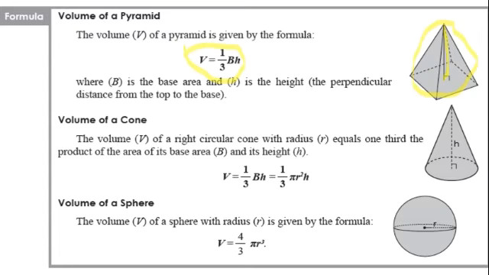Volume of a cone. The volume V of a right circular cone with radius r is 1/3 the product of the area of its base B and its height H. So, the volume of a cone is 1/3 base times height, equals 1/3 pi r squared h. Remember that the base of a cone is a circle, that is why there is pi r squared. And its height is this one, class, not the slant height.